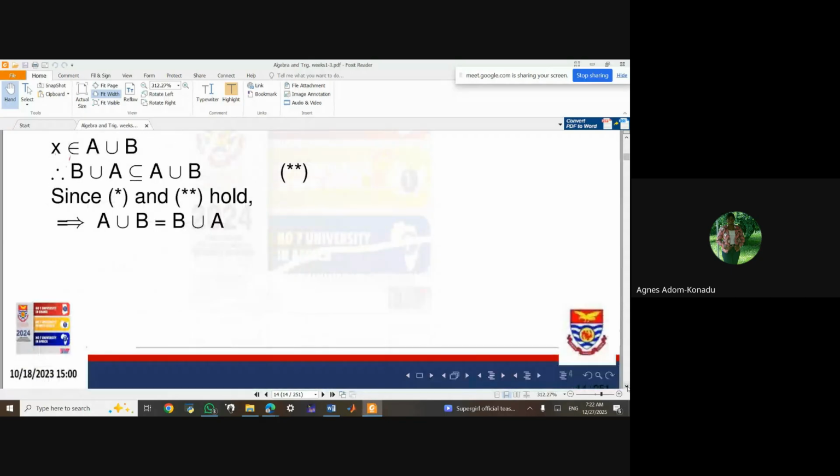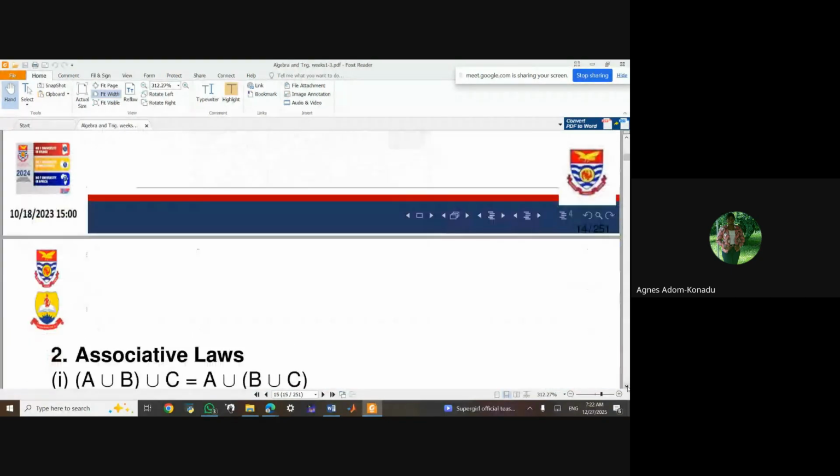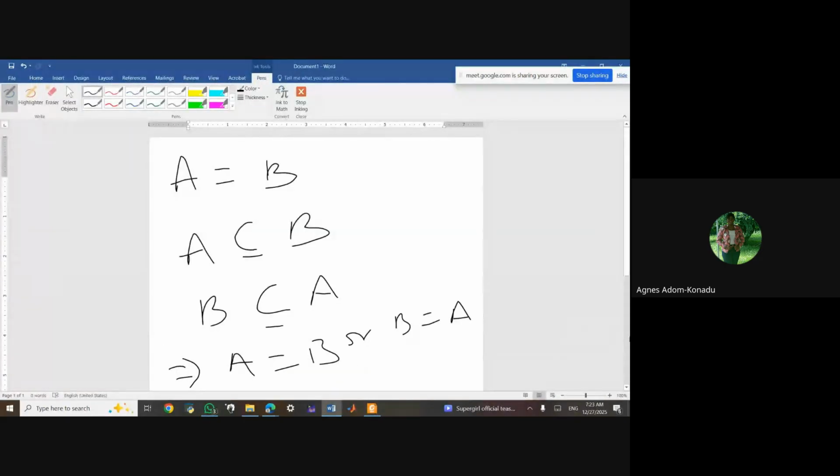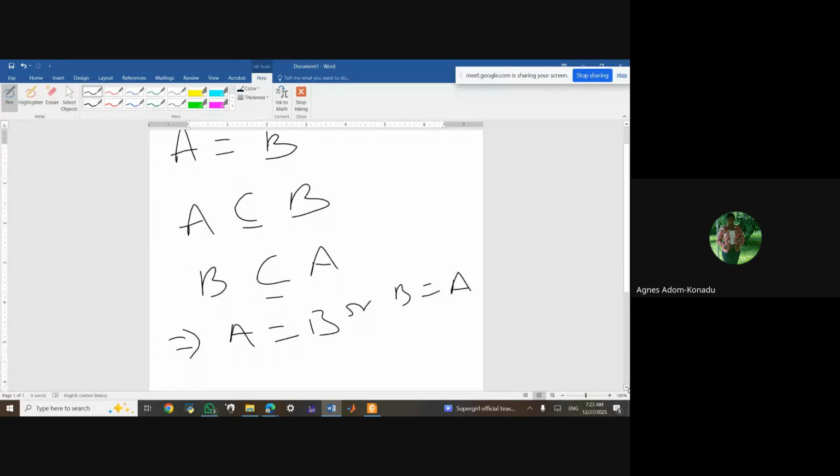Then let's continue. So that is one. You can do the same for the intersection. You prove that the intersection too.